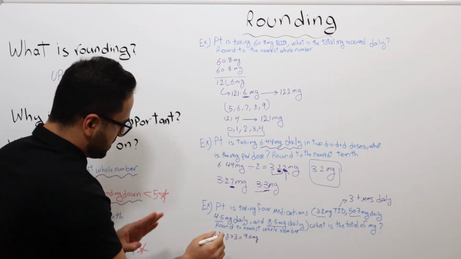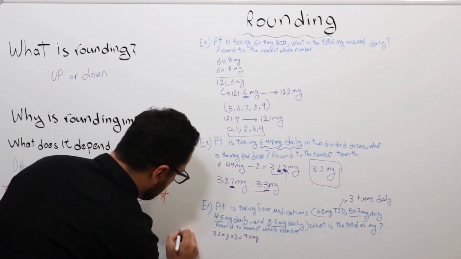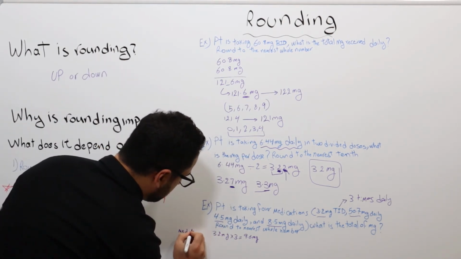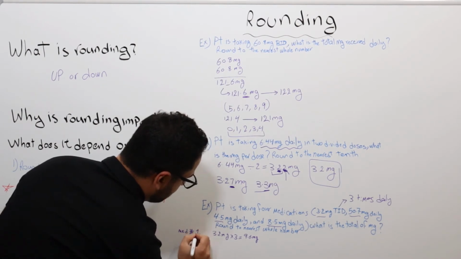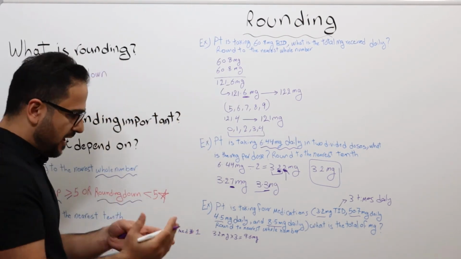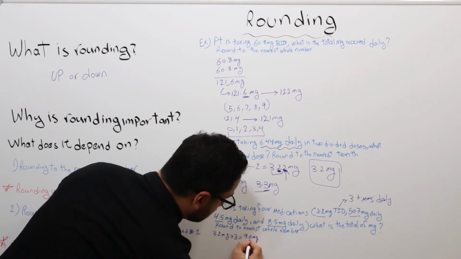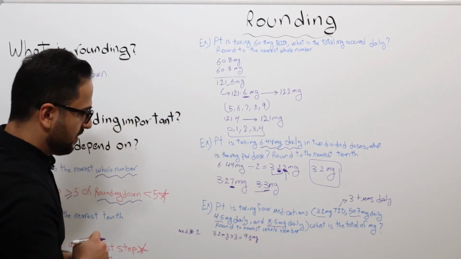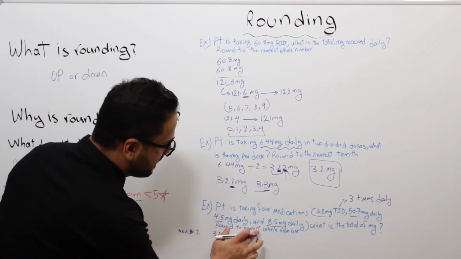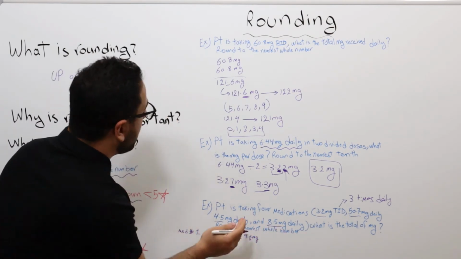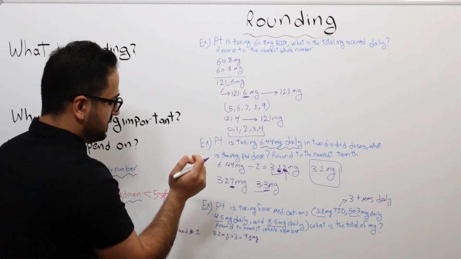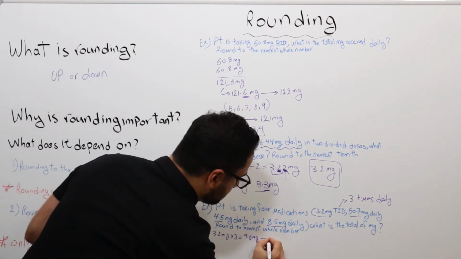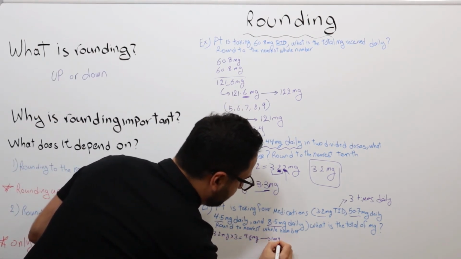This is med number 1. If I were to round 9.6, the question says round to the nearest whole number. Because it's higher than 5, we go to 10 milligram.